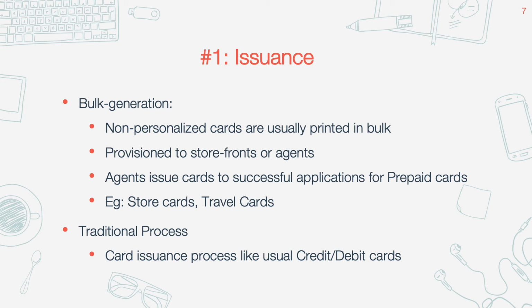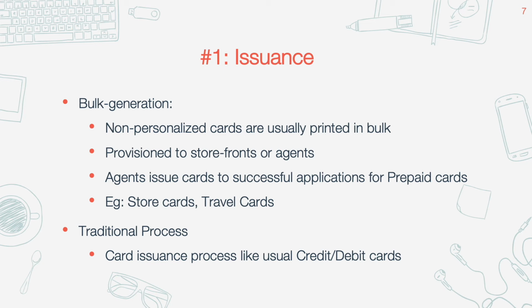Let's see how the prepaid cards are issued. There are two modes in which prepaid cards are generally issued to customers. The first method is the bulk method, where the prepaid card issuers generate the cards in bulk and dispatch to merchant outlets and the agents. These are typically non-personalized cards.